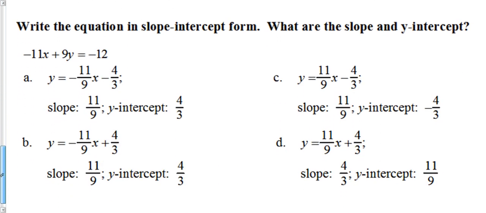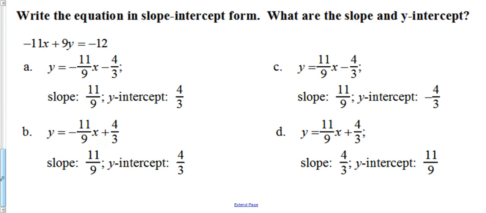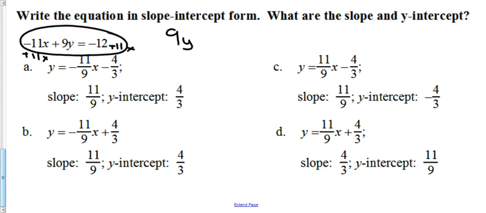One more problem down here, right? The multiple choice problem. Here's my equation right here. The question asks us to put it in slope-intercept form, and then what are the slope and the y-intercept? Well, same thing. Add 11x to both sides gives me 9y is equal to 11x minus 12.